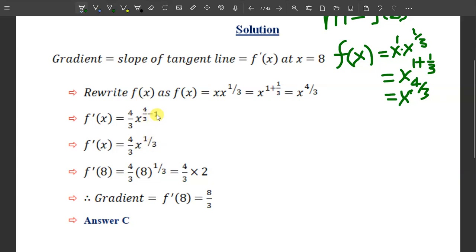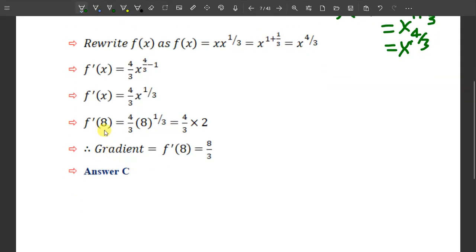4 over 3 minus 1 means it is 1 over 3, and therefore now find the value of this derivative at x is equal to 8. f prime of 8 means 4 over 3 times 8 to the power of 1 over 3. Since we can write 8 as 2 to the power of 3, 3 cancels 3, and we have the result 2.